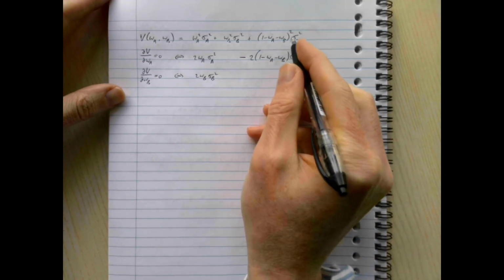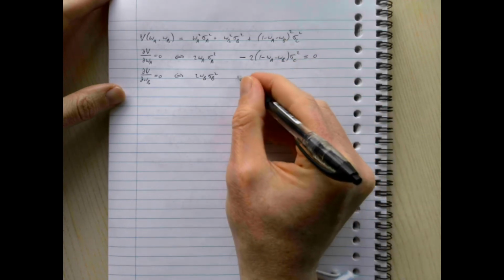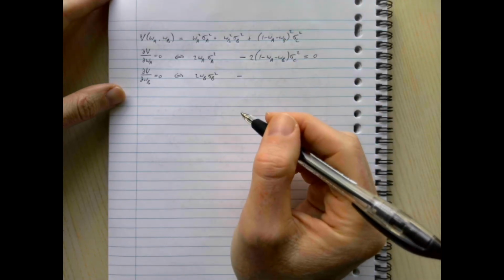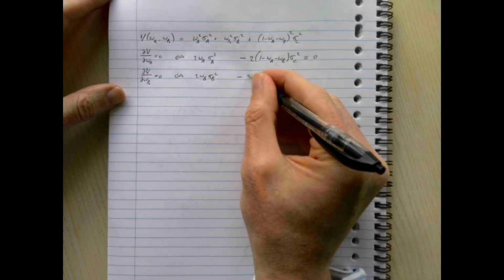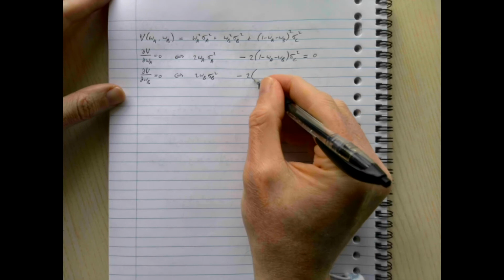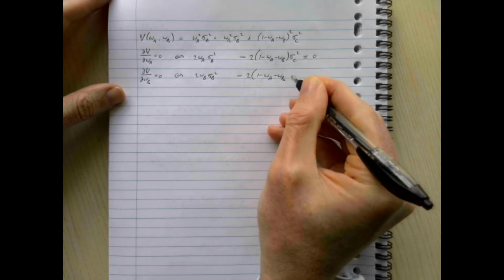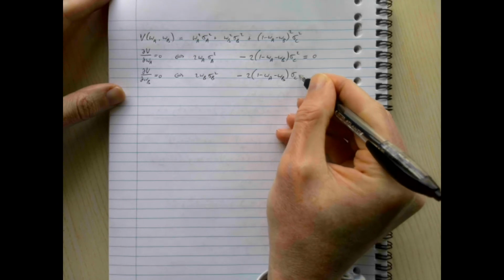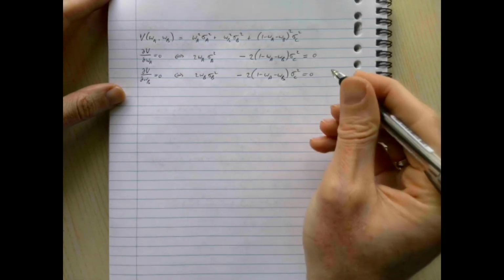And the third one, again using the chain rule, has a minus in front of the WB, so we get a minus from the derivative of the interior function, and then we multiply by the derivative of the exterior function, which is the same form as we had before. And it has to be equal to 0 for a stationary point.